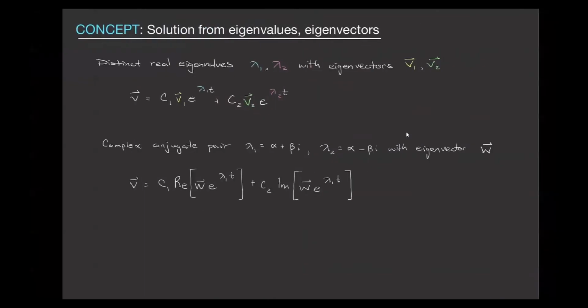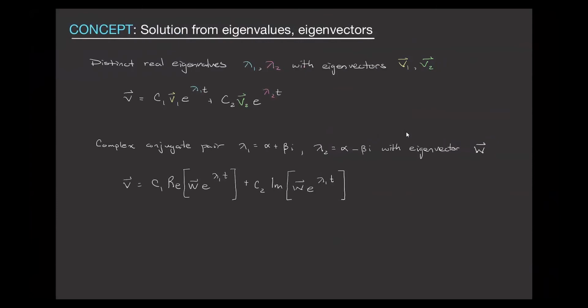Depending on what you have, there are different ways you will write the solution. They actually come from essentially the same form, but in the case of a complex conjugate pair, you can write it like so. Now, both of these cases assume that we're working with 2x2 systems: 2 equations, 2 variables.